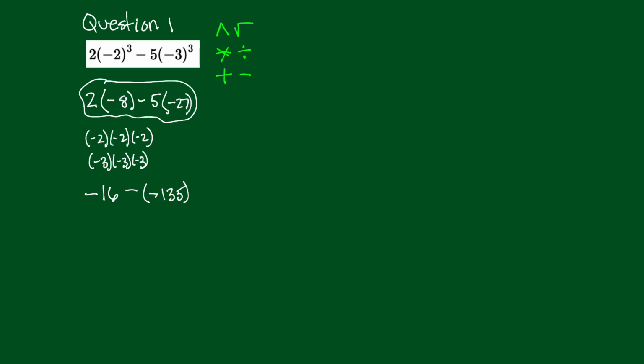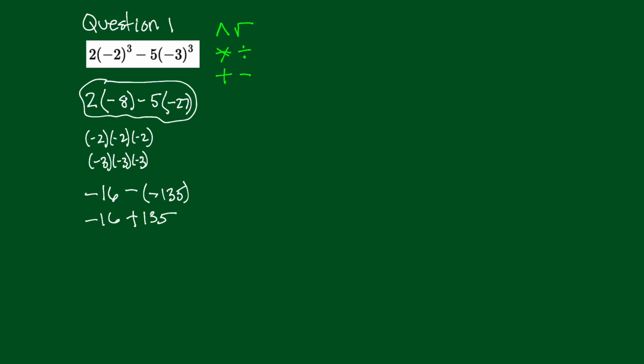Now I'm looking at negative 16. Now I can read this like this. This is the opposite of a negative number, right? It's really subtraction. So subtraction, how do you do a subtraction? It's addition, change it to addition, of the opposite. Now the opposite of negative 135 is positive 135.